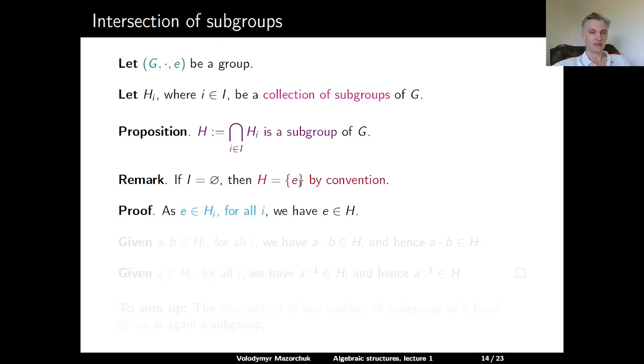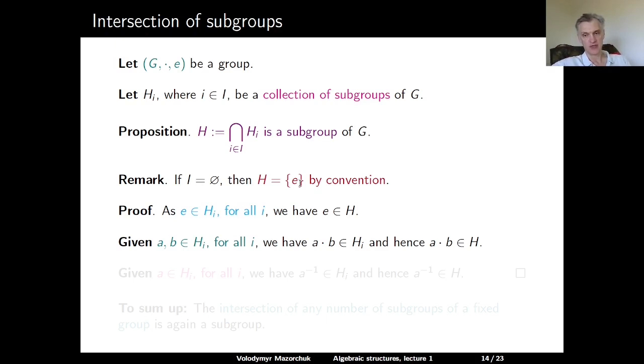So first note that if we take the identity element e, it belongs to all H_i, because all H_i are subgroups. So if we intersect all H_i, e belongs to this intersection, so e belongs to H. Next, if we have a pair of elements a and b which belong to all H_i at the same time, then the product of a and b belongs to all H_i, because all H_i are subgroups.